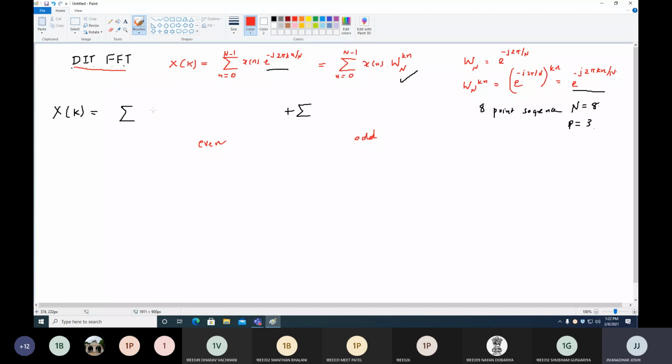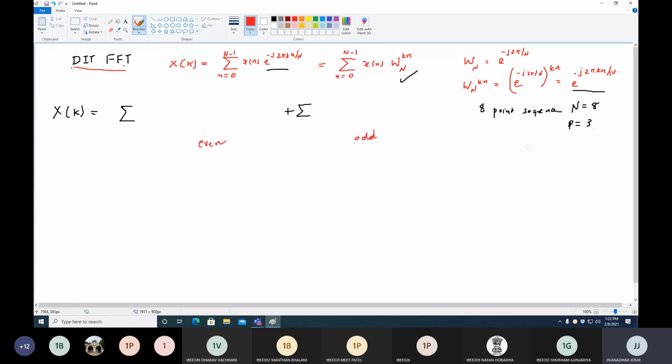So here I need to write something which will be addressing the even samples only, whereas here I need to write something which will address the odd samples only. Now as total number of even samples and total number of odd samples are equal, because we have taken the samples to be 2 raised to an integer power, there will always be equal amounts of even and odd.